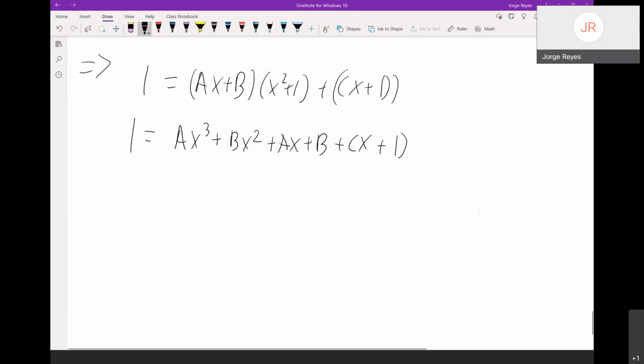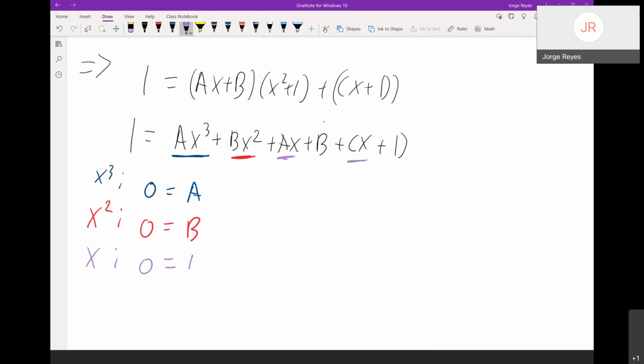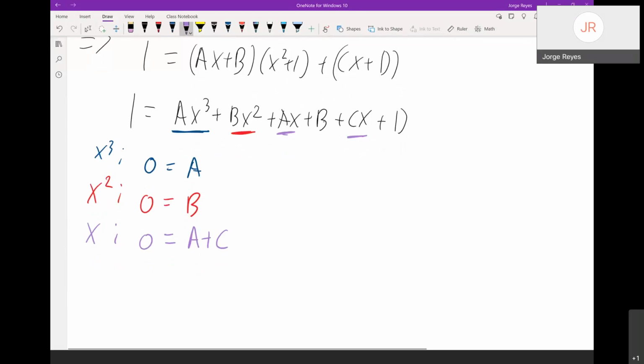And now I have to compare all the terms. So compare the x cubed, and I'm going to get 0 equals a, so that's nice. Then the x squared terms, I get 0 equals b, also amazing. Then the x terms, 0 equals a plus c, which is nice because that means c is 0 right away.